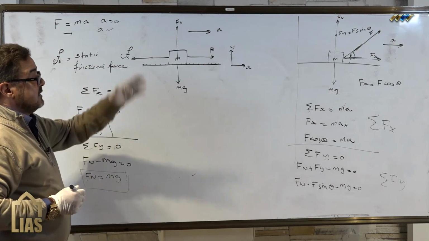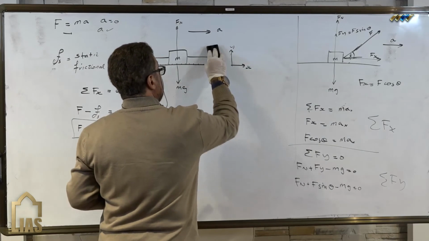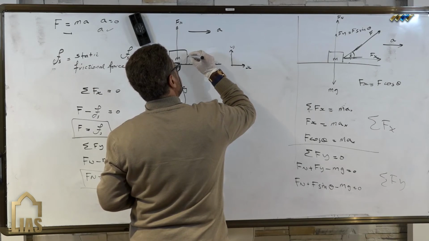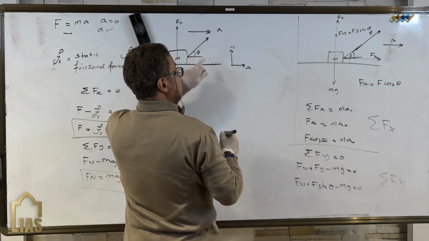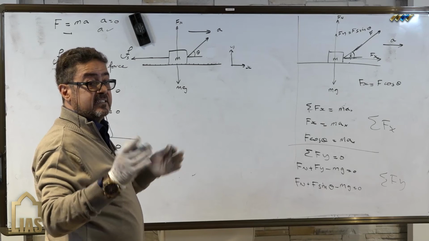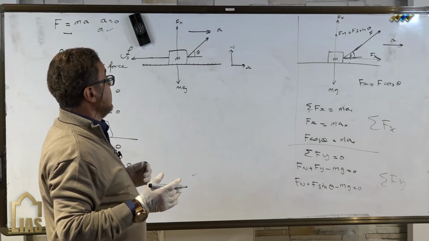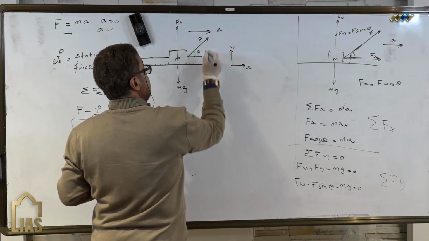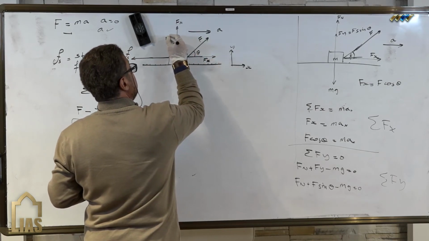Also, if we have F with an angle, whatever the angle theta is, 45 degrees, 30 degrees, 37 degrees, 39 degrees, whatever, then this is the F, and we say this is Fx and here Fy.